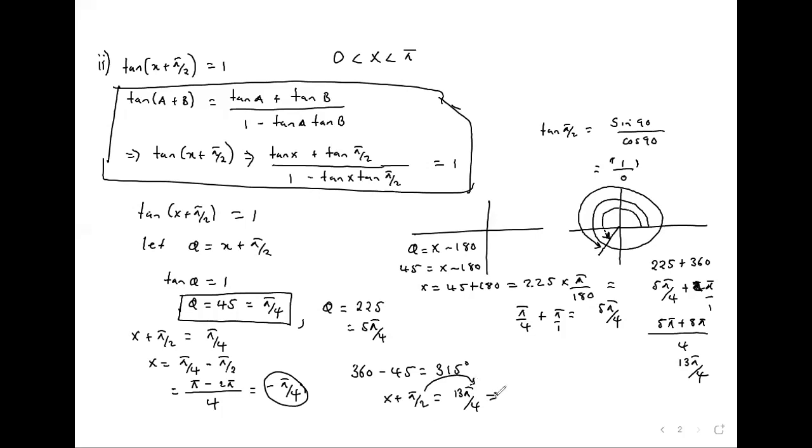Take this to the other side. So x is equal to 13 pi over 4 minus pi over 2. That is 4 down, 13 pi minus 8 pi, which is 5 pi over 4. Excuse me, sir. I've done the wrong thing there. It's supposed to be 2 pi, not 8.